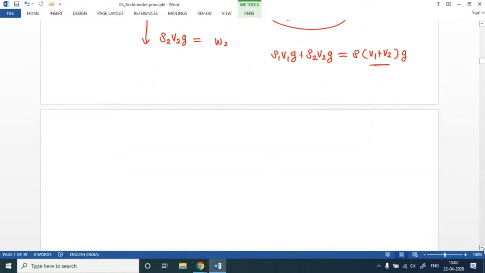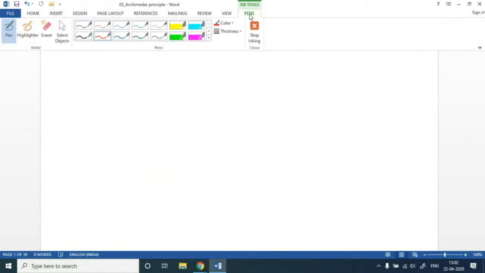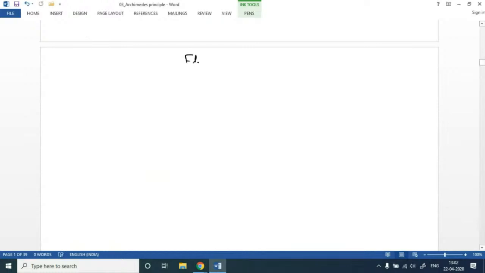So we have discussed some portion of the dynamics of submerged bodies. Now let's spend the remaining time discussing flotation. Let's discuss the concept of flotation.